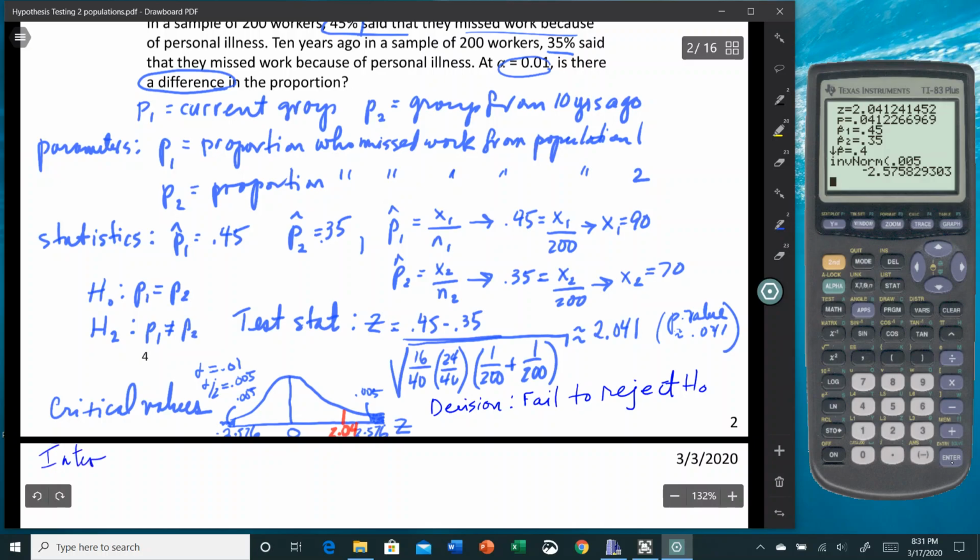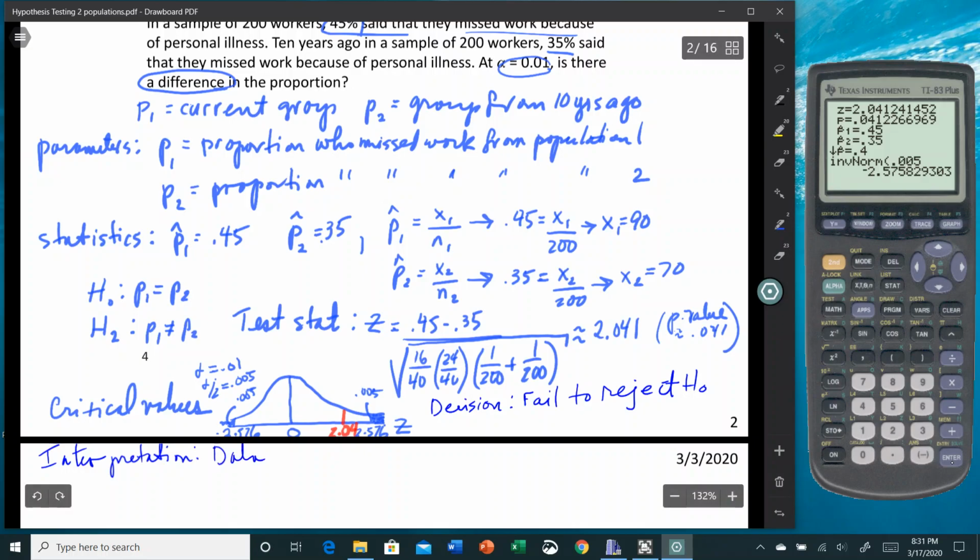So the interpretation would read as follows.